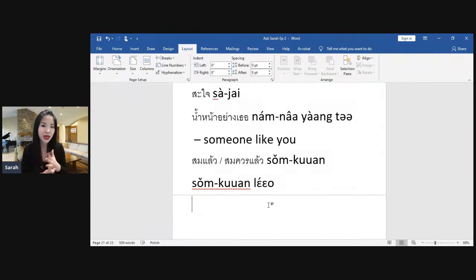Som nam na can be used very lightly too. My ex-boyfriend said it to me a few times, and I think it was funny. I complained about something to him, and he said, you shouldn't do this. Two days later I was like, yeah, you're right, I shouldn't have done that. And he's like, yeah, som nam na.